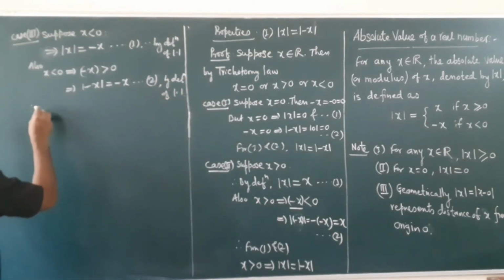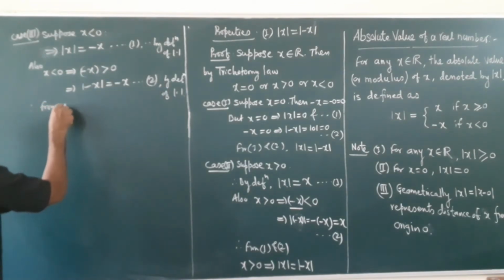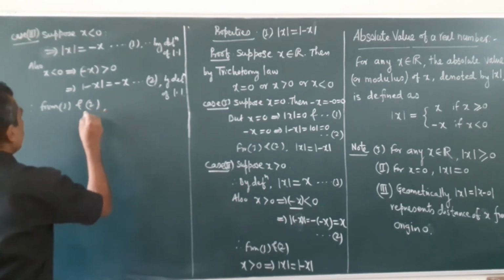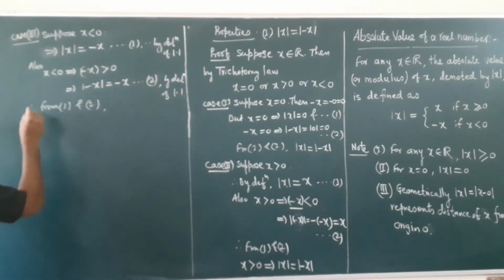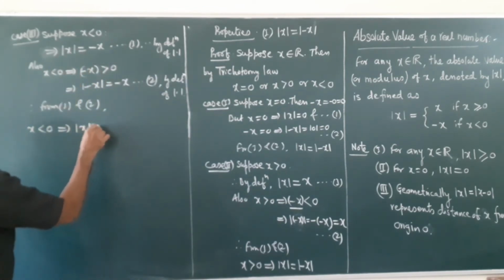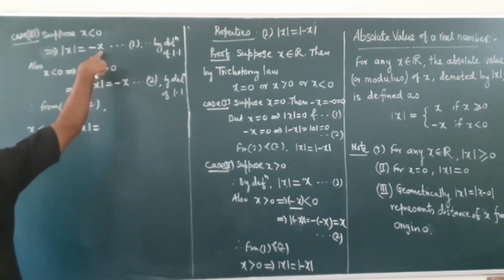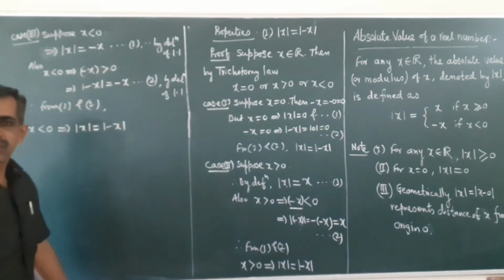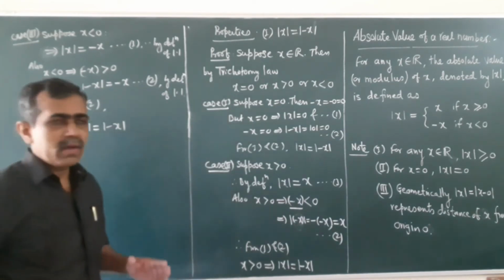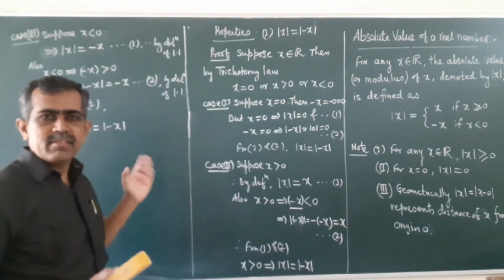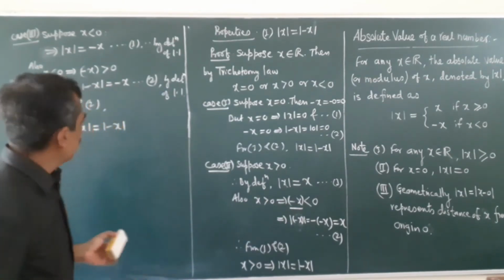Therefore, from 1 and 2, what we have is x less than 0 implies mod of x is equal to minus x. But from 2, minus x is mod of minus x. So whenever I have a negative number, mod of x is the same as mod of minus x.